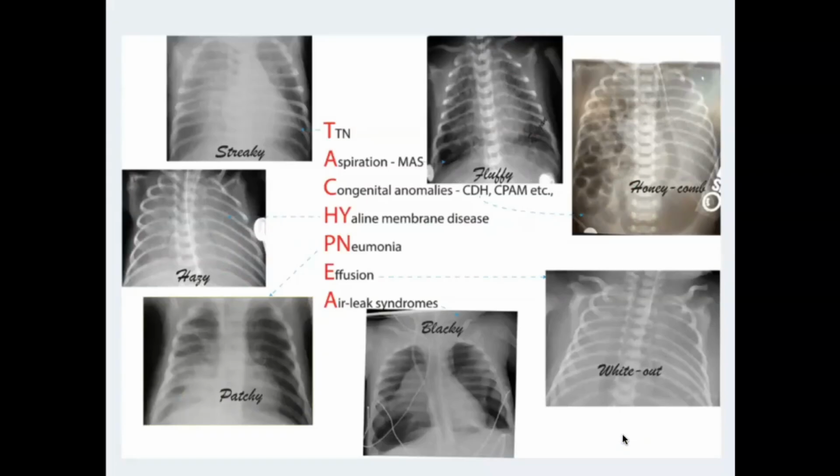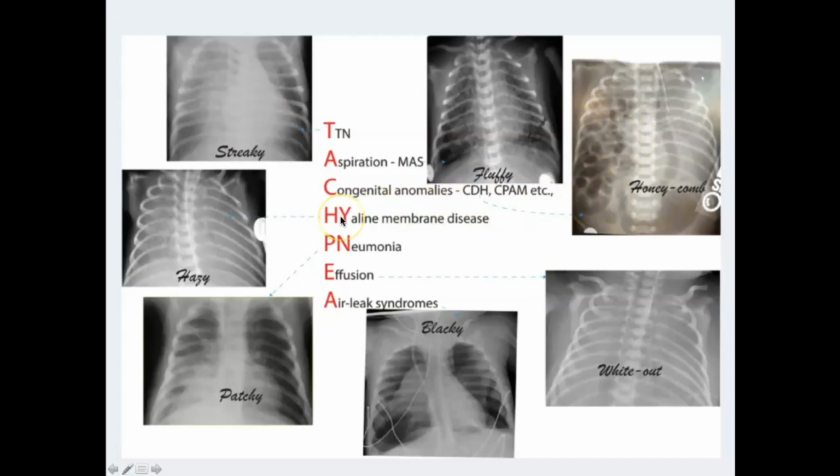This is just showing you what different chest x-rays look like when babies have different disease processes. So TTN is more of a streaky look, where the meconium aspiration looks more fluffy. If they have congenital diaphragmatic hernia, they get more of this honeycomb look.